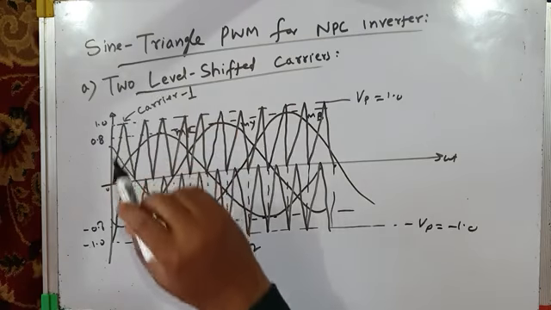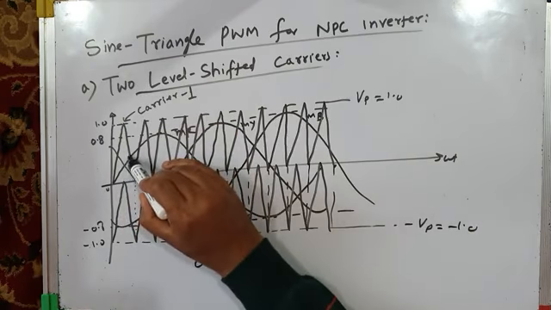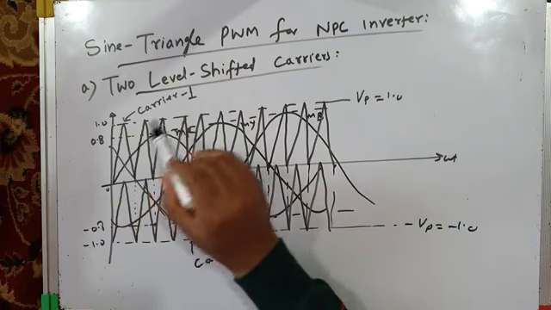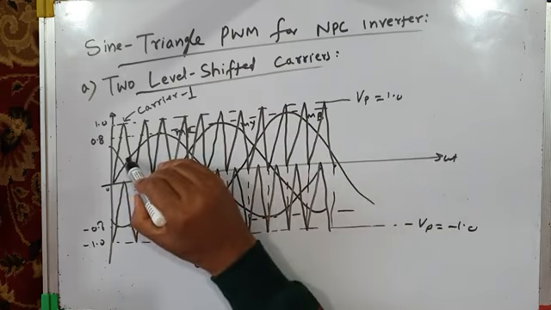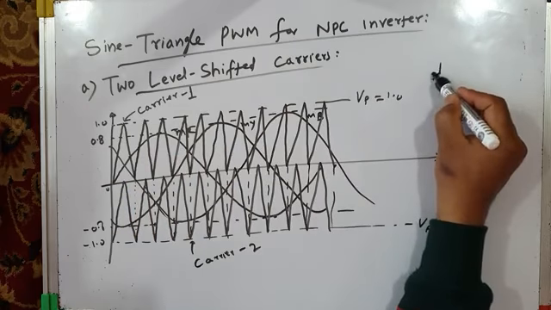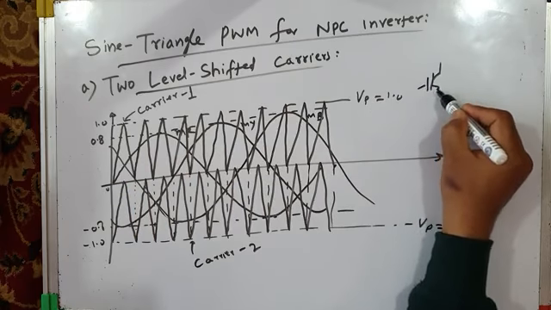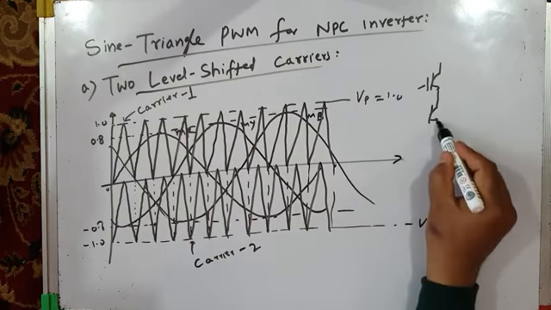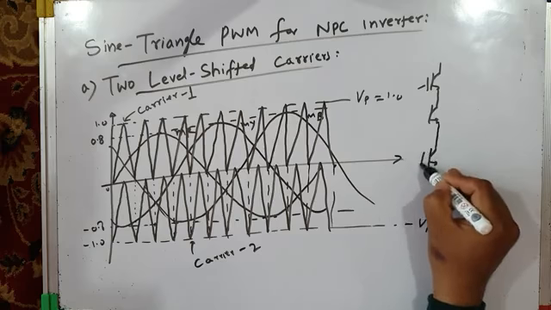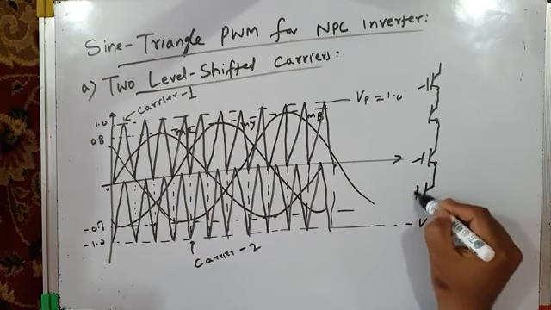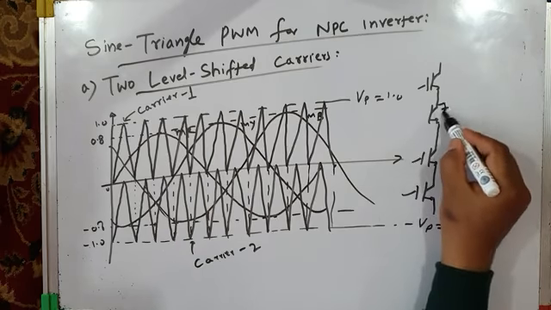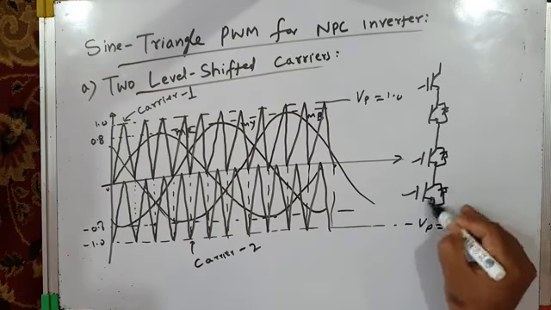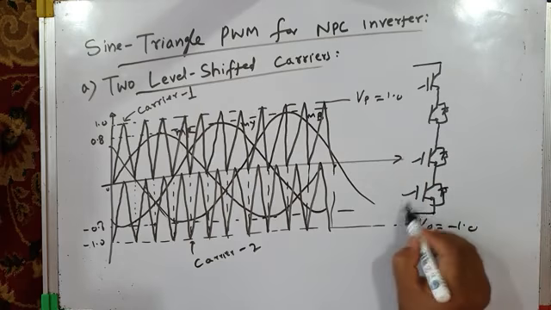See, at any instant of time, for example, let's consider phase leg R. This is our phase leg R. It has 4 switches. I will consider only phase leg R for better understanding. I will not consider other phase legs because the same procedure applies for other phase legs.